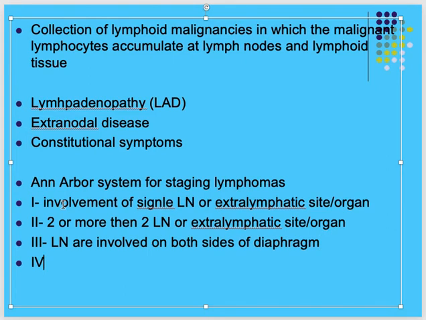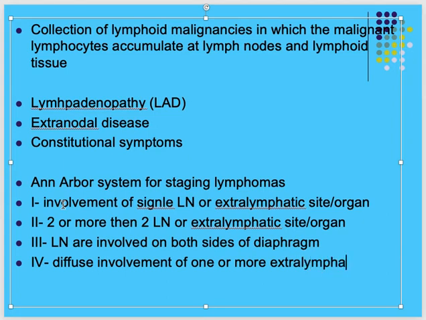And stage 4 is when there is diffuse involvement of one or more extralymphatic organs, including bone marrow. So now the story reaches the bone marrow, so that is called stage 4.